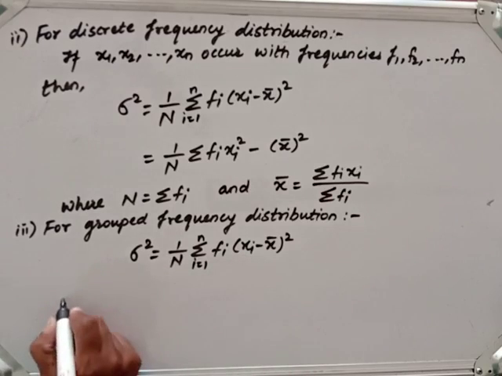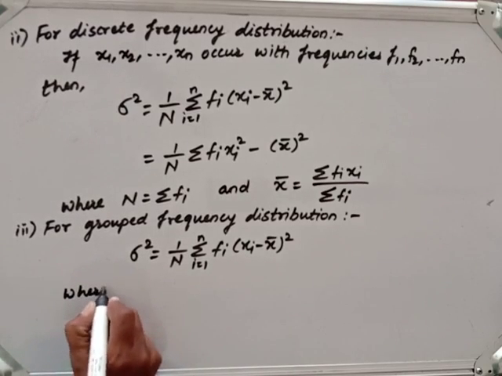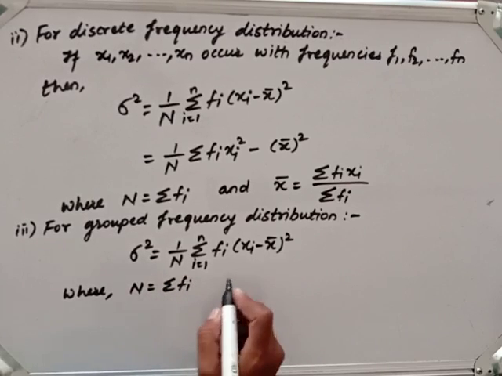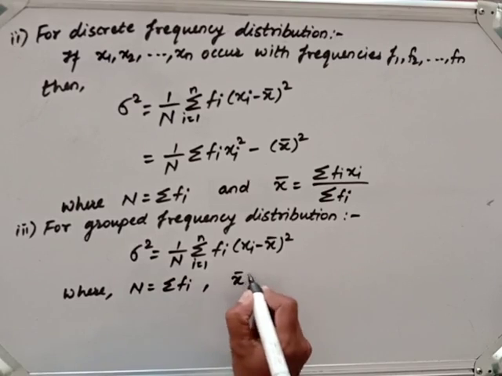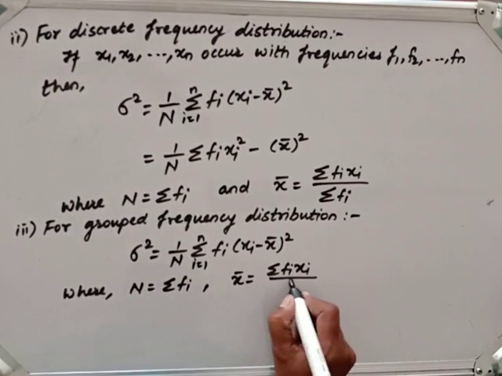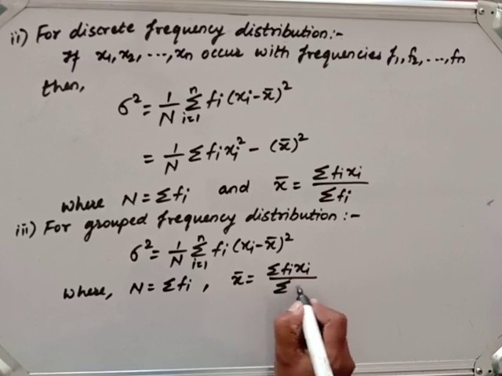N is again summation fi, and x bar is again summation fi xi upon summation fi.